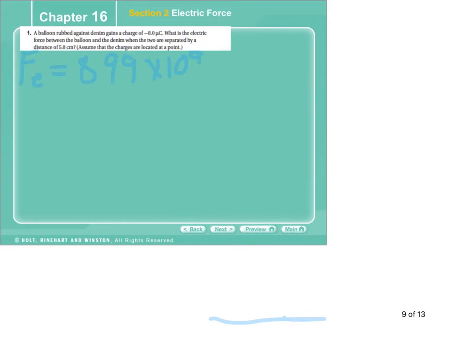If we had more sig figs in the measurements given to us, we'd want to add a little more sig figs on this. Times Q1, 8.0, it's microcoulombs. Micro means millionth, so we'll add a 10 to the negative 6th on here.